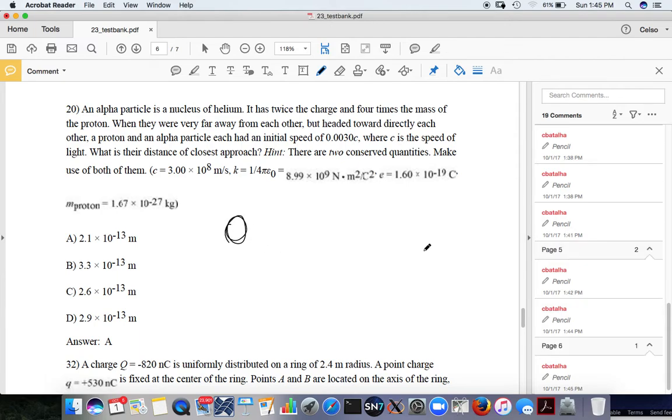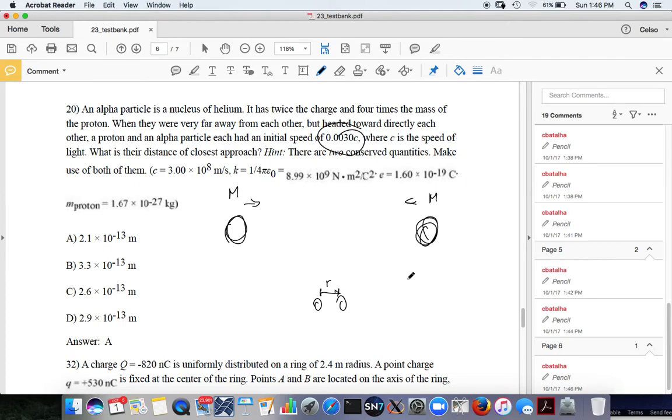So we have these two alpha particles far away, and the mass is given for both of them. They were very far away from each other, which means the potential is 0, but they are headed towards one another, and the initial velocity is given. What is the closest approach? So what is r, right?